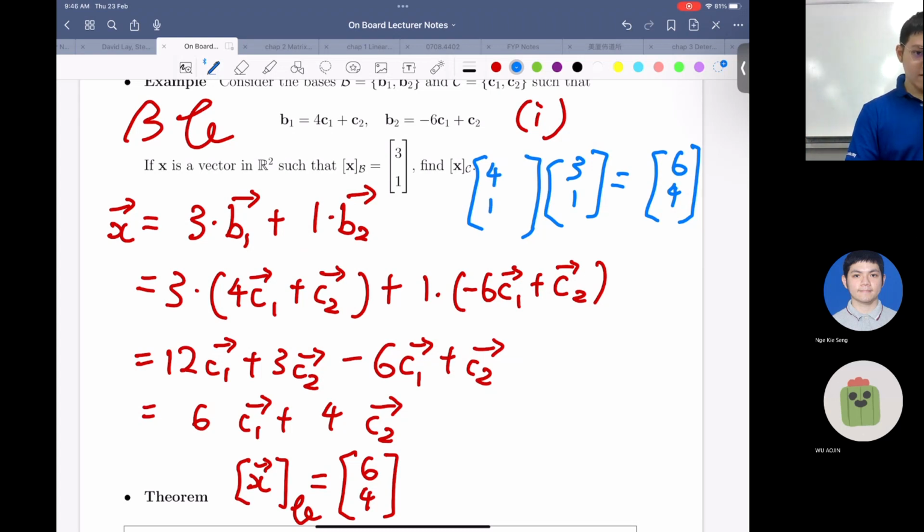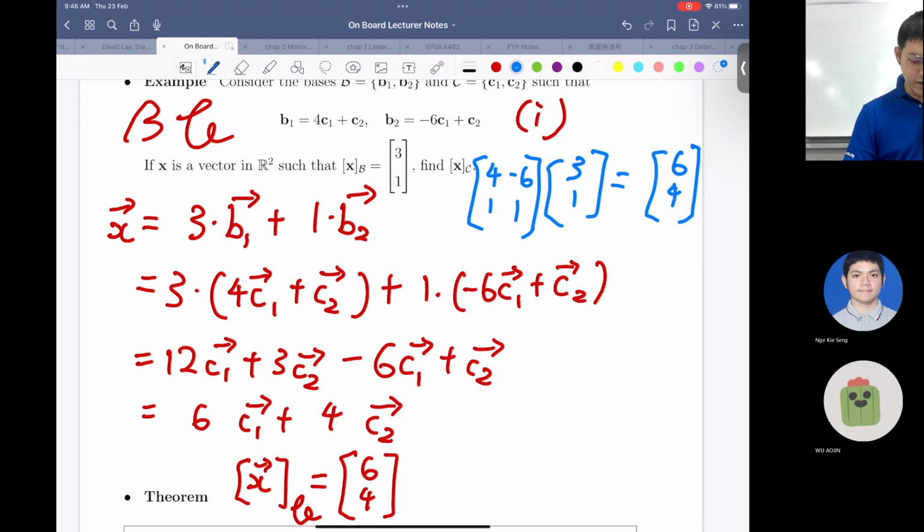Four, 1, minus 6, 1. Okay. So what is 4, 1? It's the coefficient when you express B in terms of C. Okay. So minus 6, 1 is the coefficient of B2 when you write it as a linear combination of C1, C2. Okay. So what is this matrix?